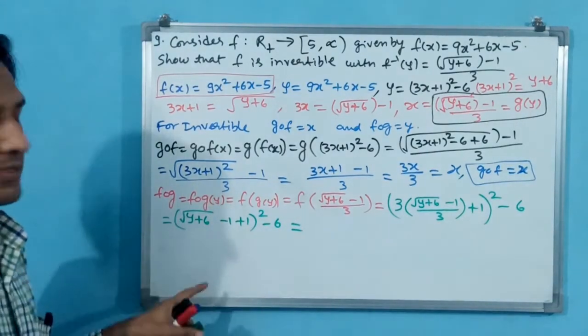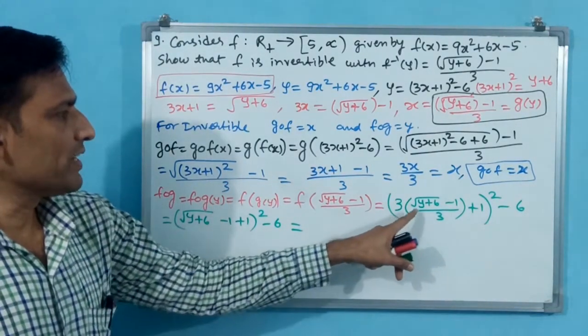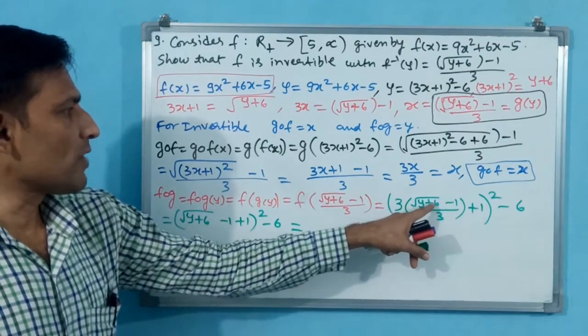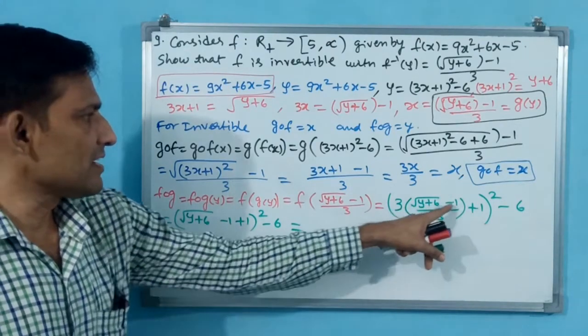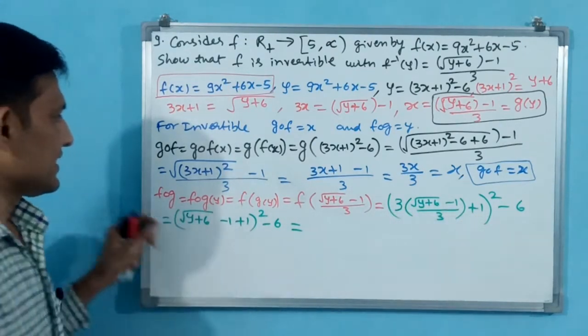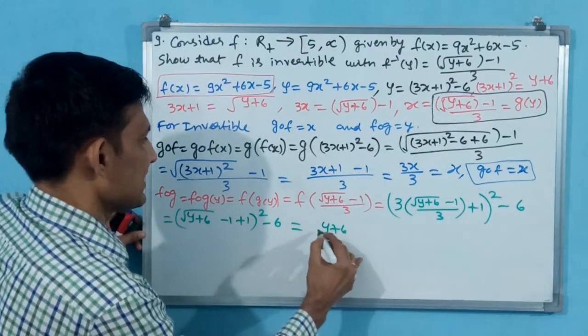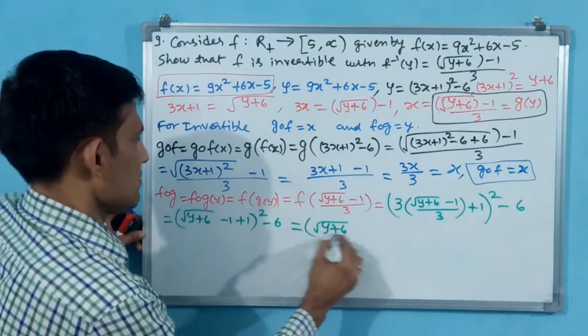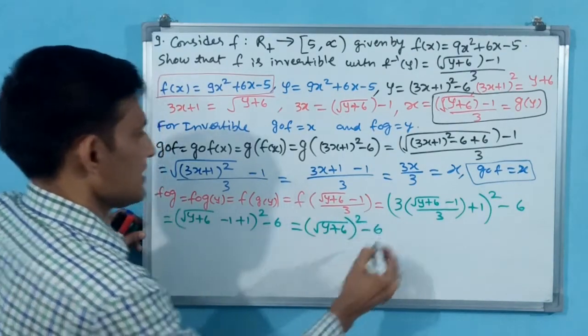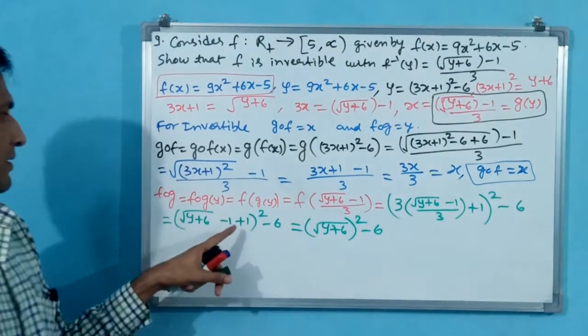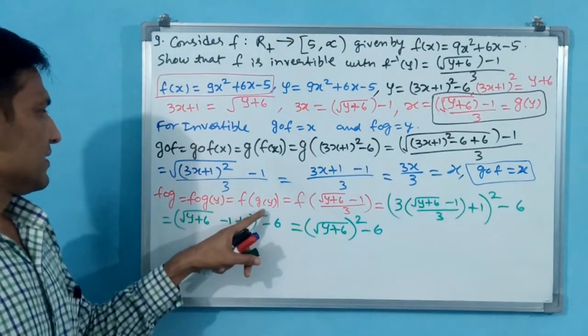Is it okay? Yes, correct. Why? Because see, the 3s get cancelled. This root is for up to y plus 6 only. Minus 1 is not there. Then minus 1 plus 1 also gets cancelled. Under square root only y plus 6, squared, minus 6.